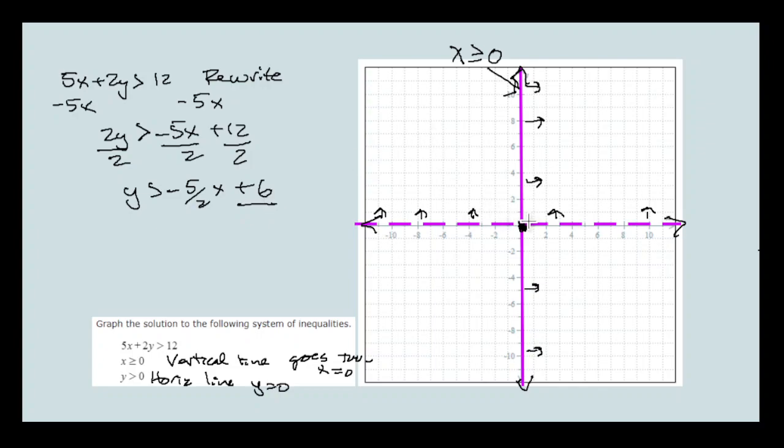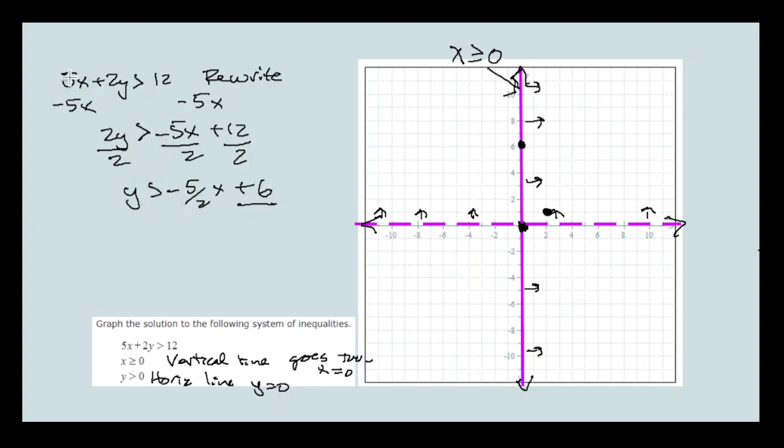So we got 6, so we're going to go up to 6, and we're going to put a point. So we can see one area where it's already going to intersect this. And then negative 5 halves means down 5, so we're going down to 1, and then over 2. So we've got a line that's going right here. It says it's greater than, right?